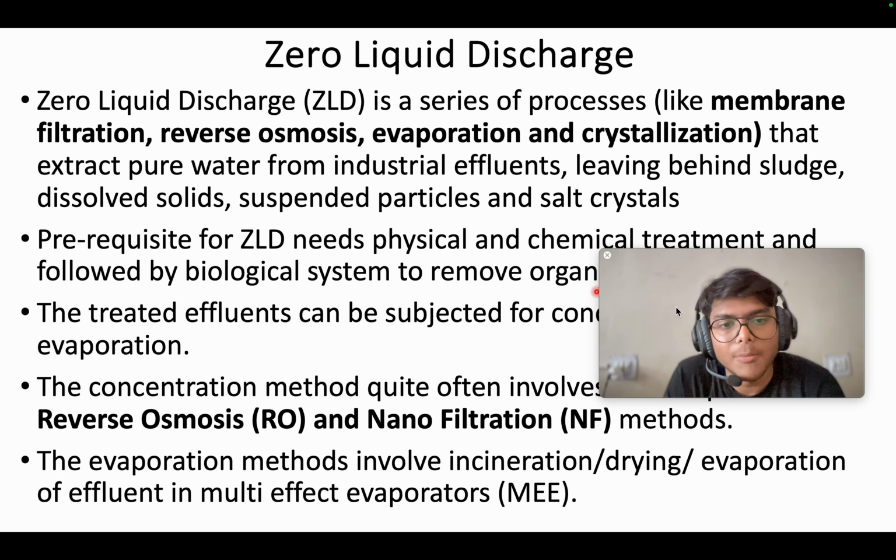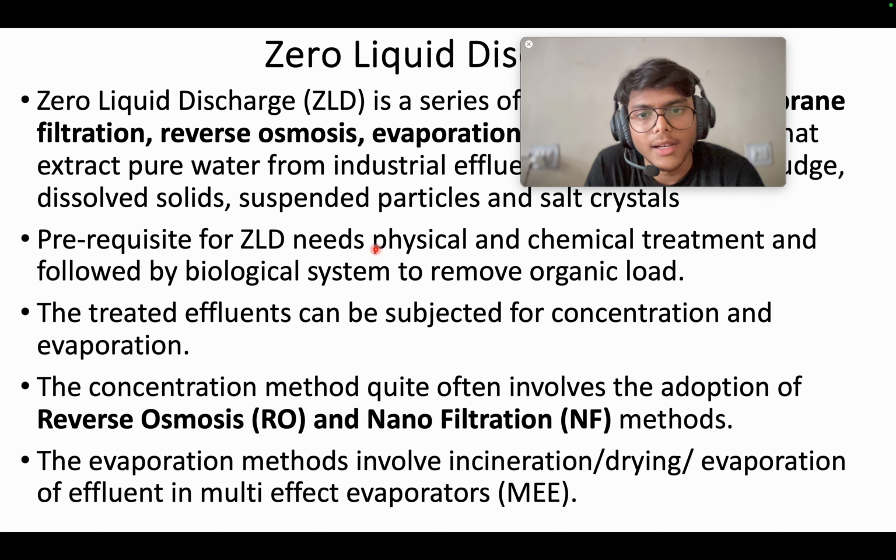The prerequisite for ZLD needs physical and chemical treatment followed by a biological system to remove the organic load. Now the treated effluents can be subjected to concentration and evaporation.